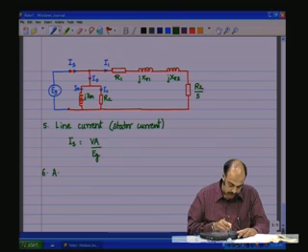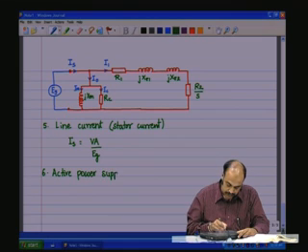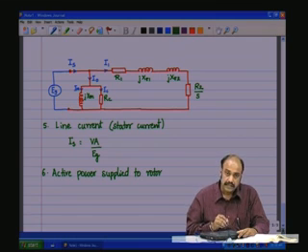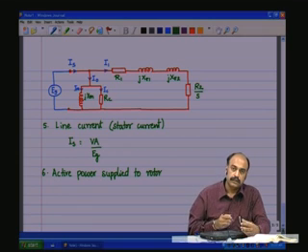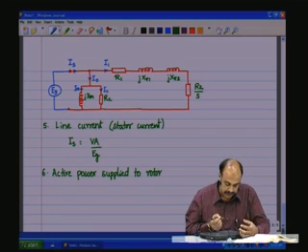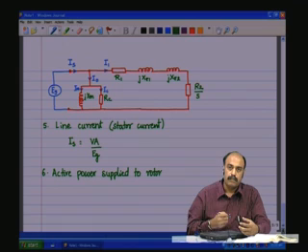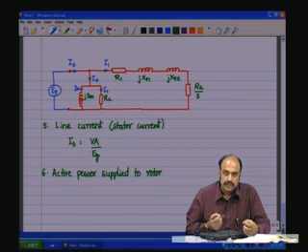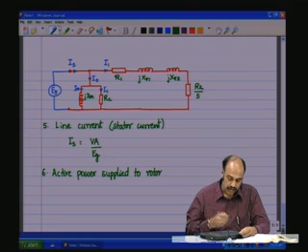So let us have also the active power supplied to rotor. So what gets supplied to the rotor? The active power that enters the stator minus the stator I square R loss in the stator resistance minus the core loss, that is due to RC.